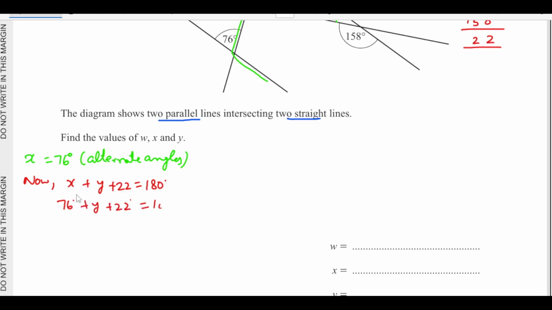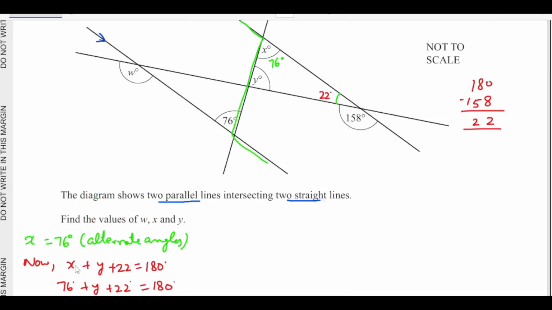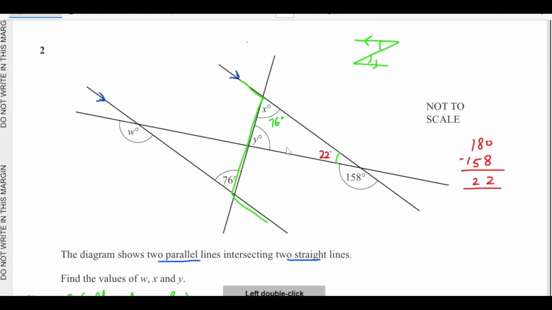Adding these two, 76 plus 22 is 98. So y plus 98 is 180, so y is 180 minus 98, that is 82. So the value of y is 82. We got x and we got y.